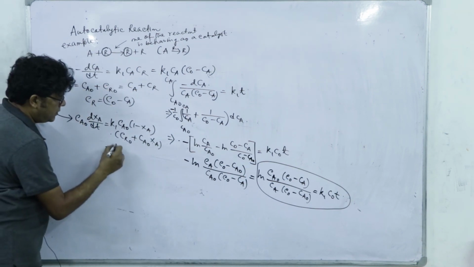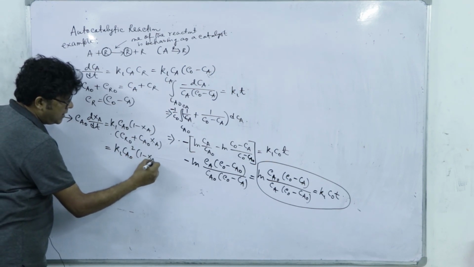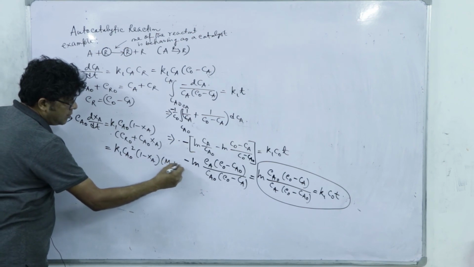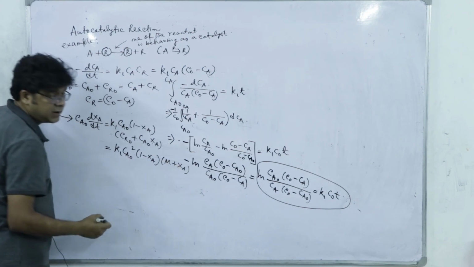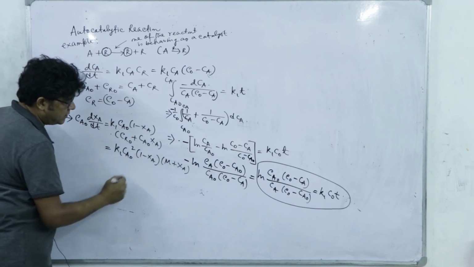So, you see this is K1 into Ca naught square into 1 minus Xa into M plus Xa, very similar to the bimolecular second order reaction, but there was a minus sign.